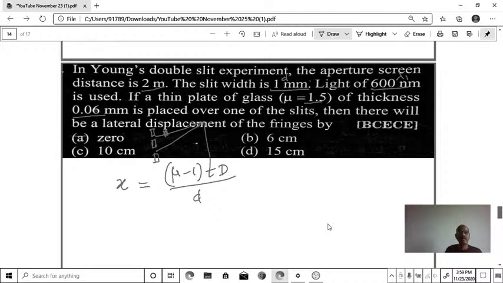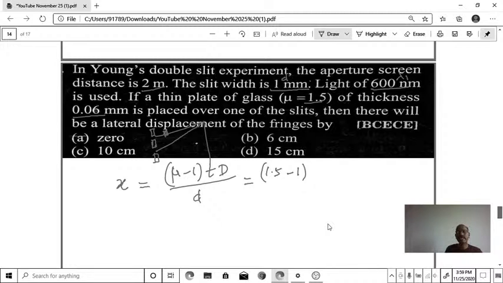Here mu is given as 1.5, so 1.5 minus 1, into t. The thickness of the plate is given as 0.06 millimeter.